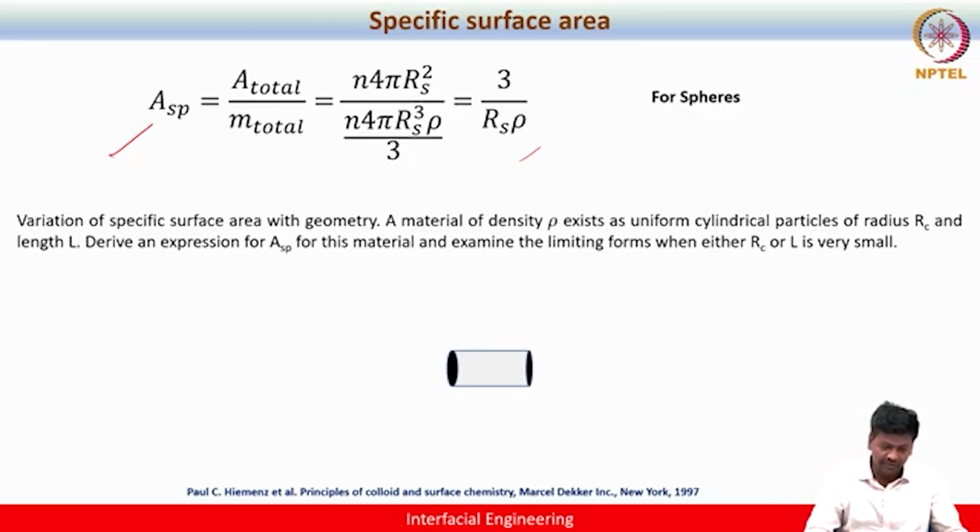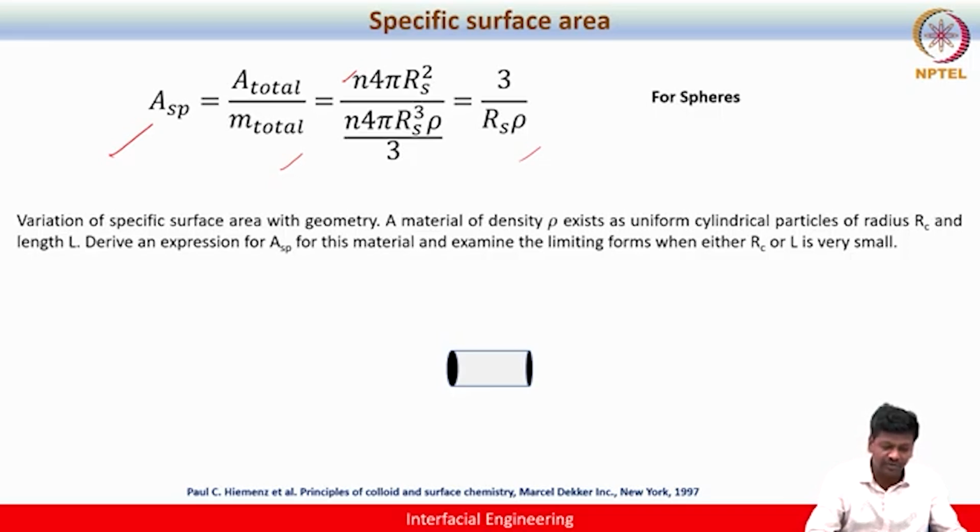In this case, since we know that the area of a sphere can be calculated by knowing the radius, we then need to multiply that with n, the number of particles that we have in the sample. So in this case, you have n 4 pi r square simply. And in the denominator, by multiplying volume by density, the bulk density, we will achieve the total mass of the sample, right?